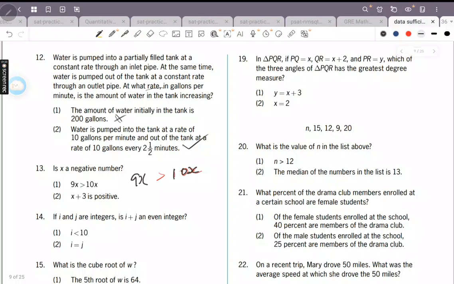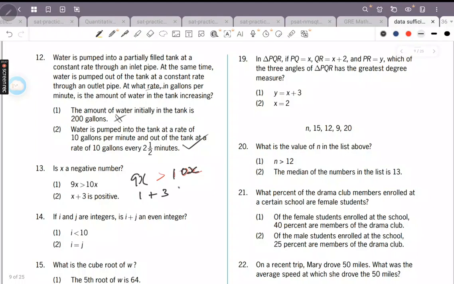S plus 3 is positive. This is not sufficient because of the scenario. Consider when S is 1. S plus 3 is positive: 1 plus 3 is positive.